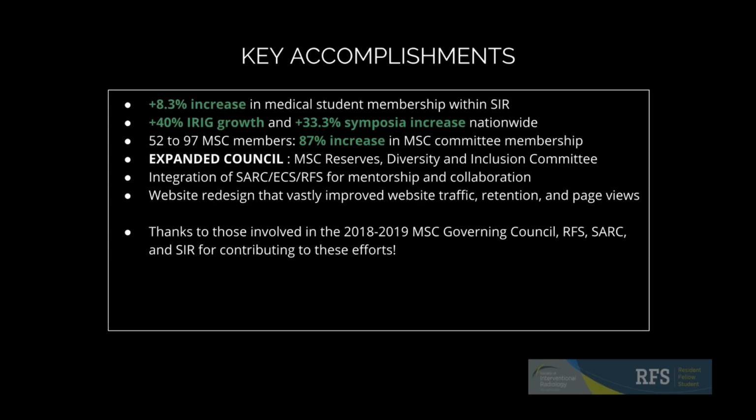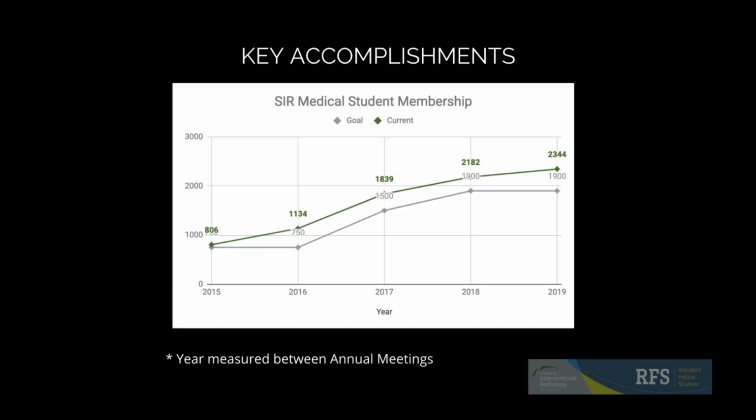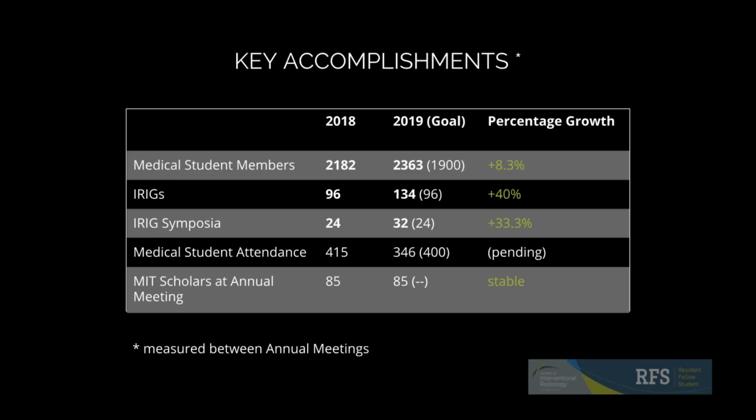In addition, we have medical student interest groups that increased 40%, as well as a 33% increase in IRIG symposia across the nation. We also have 85 annual meeting MIT scholars that will be attending the SIR meeting this year.